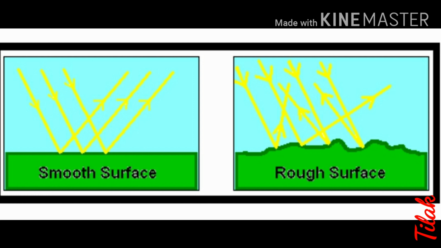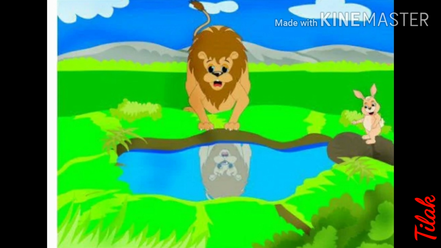Now smooth surfaces and rough surfaces reflect light differently. On rough surfaces, light is scattered. This helps us to see things even if they are not directly exposed to light. Now, in this picture, you can see a beautiful snow covered mountain and trees reflected in water because of this reflection of light.